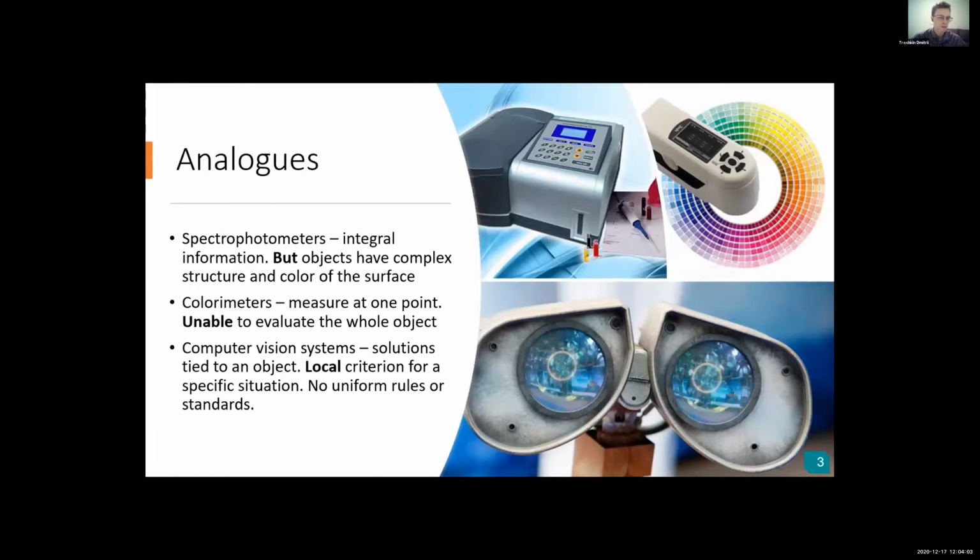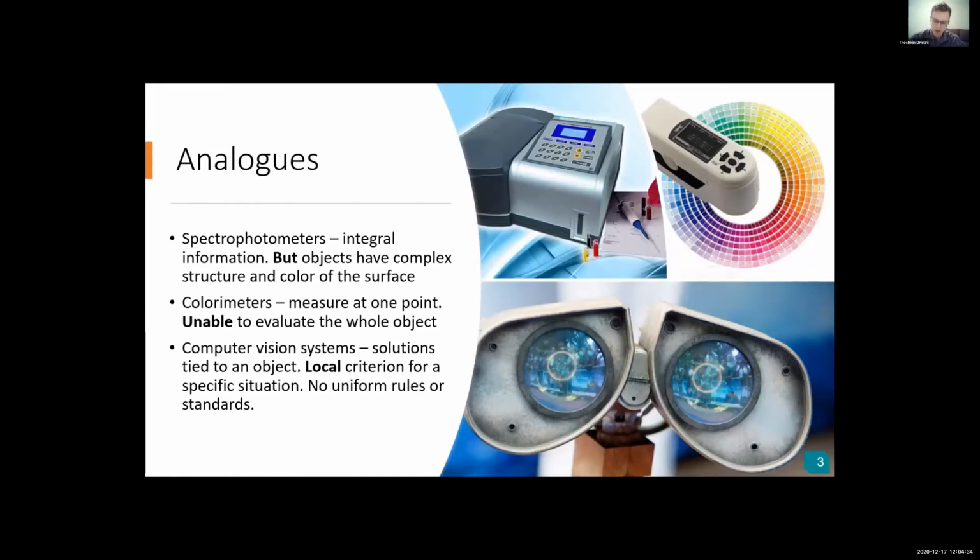The second is the colorimeter. This device measures the color at one point, and once again we are unable to evaluate the quality of the whole object. And the third are computer vision systems, which are basically solutions tied to an object or a kind of local criteria for a specific situation.